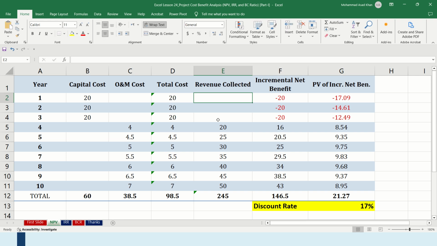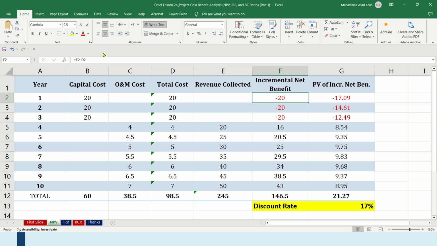Revenue collected is 245 million, but it started from the fifth year. And the incremental net benefits is simply the benefits minus the cost. Here, revenue are the benefits, and this is the total cost.